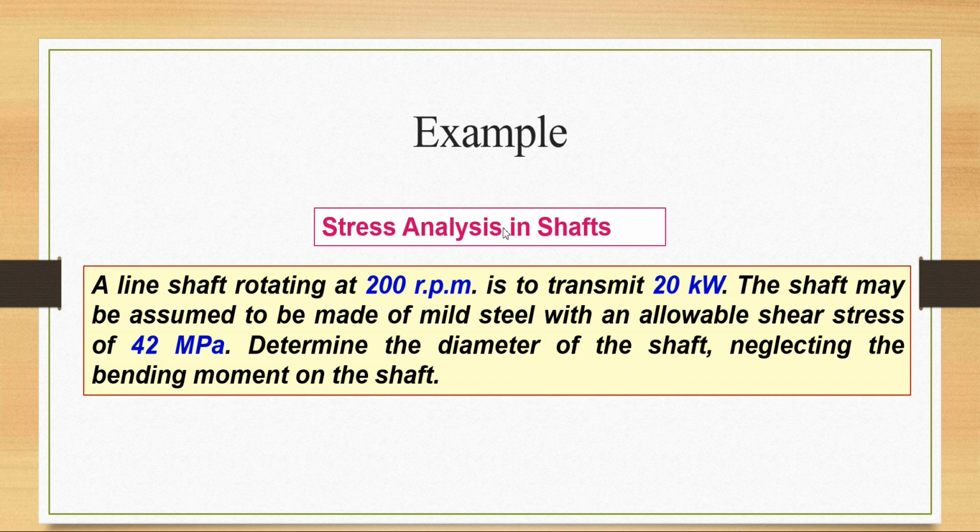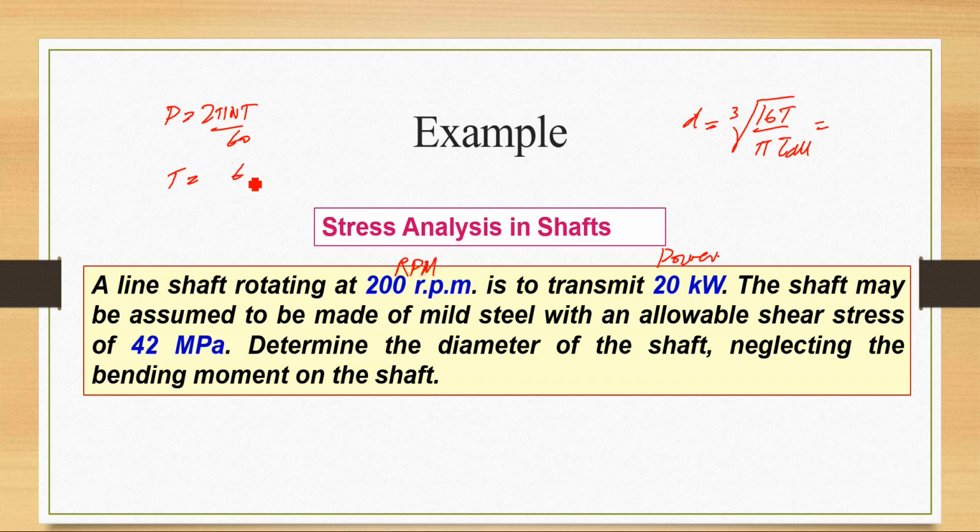So this is a very simple problem in which you have to find the diameter of the shaft. We know that the diameter of the shaft is the cube root of 16 T over pi tau allowable. So we know that the torque is, now power is given and RPM is given. This is your RPM and this is your power. So simple thing is power is equal to 2 pi N T by 60.